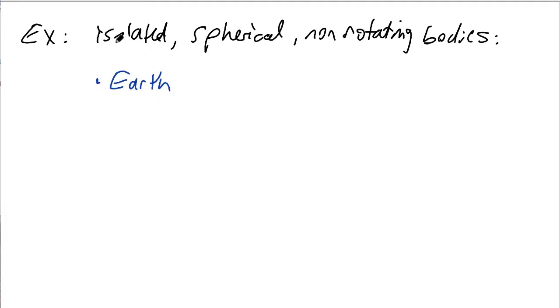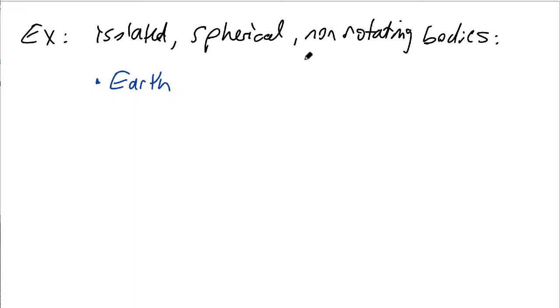All right, the Earth isn't entirely isolated. There's the moon nearby, and there's the sun and Jupiter and so forth. But the moon is pretty small, and the sun is pretty far away. So to some degree of approximation, the Earth can be considered as isolated. The Earth also isn't exactly spherical. It bulges at the equator and has mountains and valleys. But again, to some degree of approximation, we can think of the Earth as spherical.